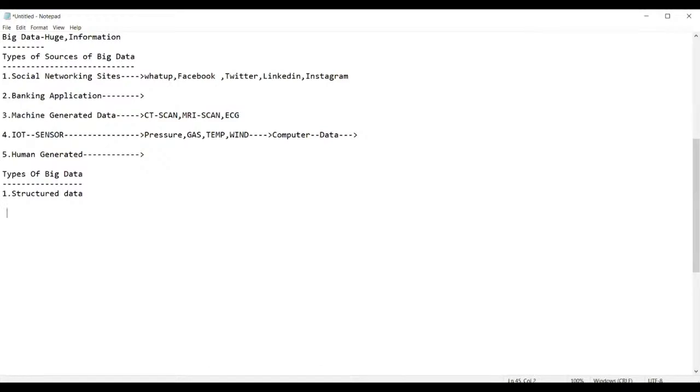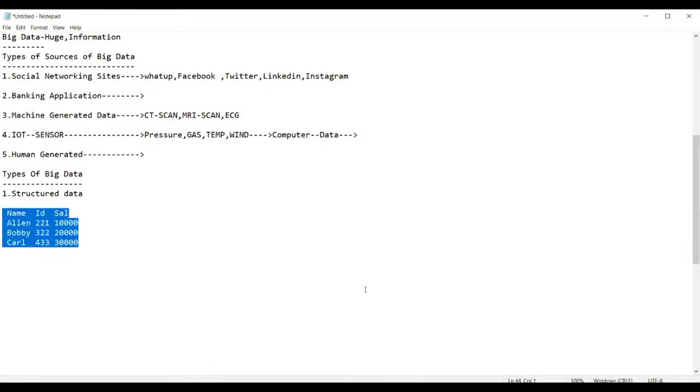Structured data means what? I'll type it. Guys, I'm writing it: name, ID number, and salary. Name is, let us say, Alan, and I'm using an ID number like this, and salary 10,000. Then Bobby, 20,000, and Carl, 30,000.